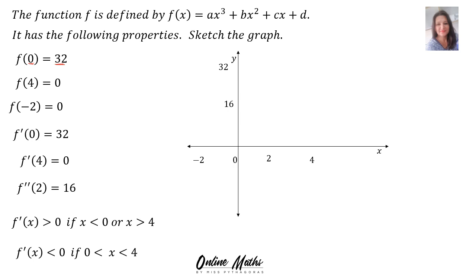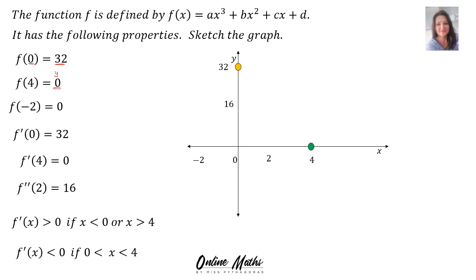So this is the y-intercept, the point 0 and 32. The next one, where you find f of 4 equals 0. This means the y is 0, and then that is an x-intercept, make y 0. So there's an x-intercept at the point 4 and 0.